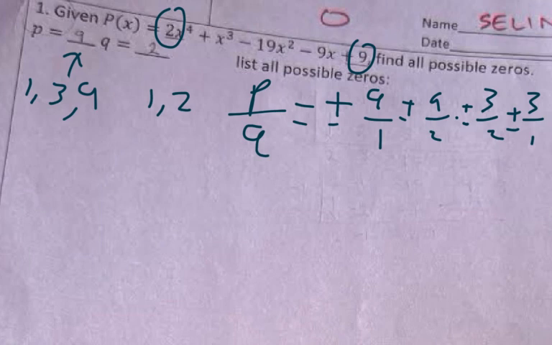Now, see how I'm just doing P over Q, and now I'm going to do plus or minus 1 over 2 and plus or minus 1 over 1. So now what? Well, now we're ready to do synthetic.